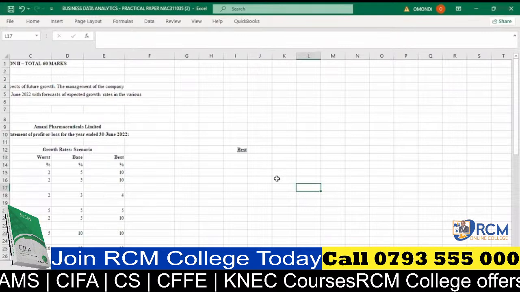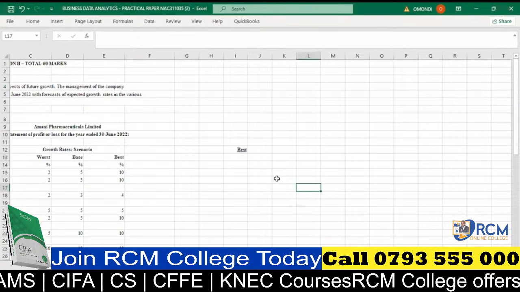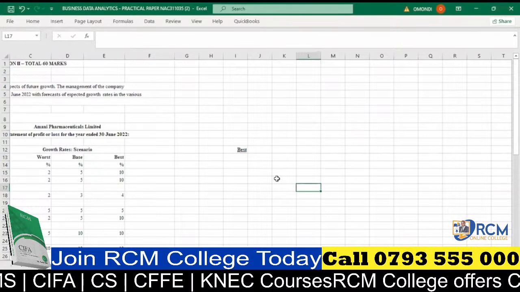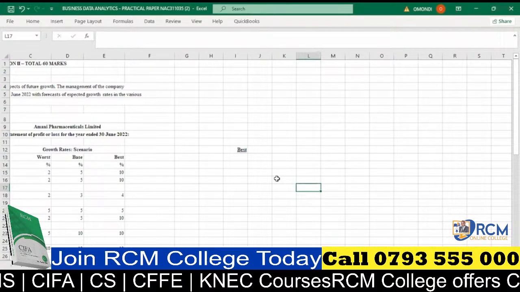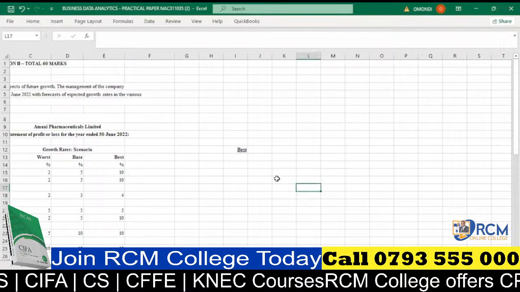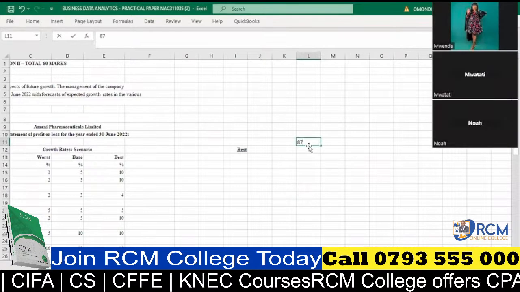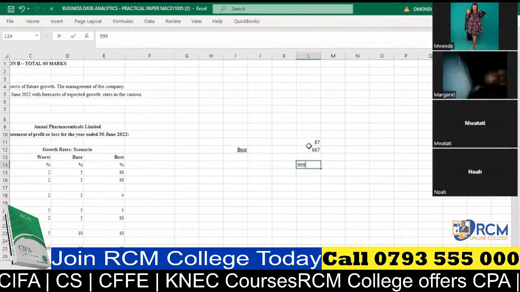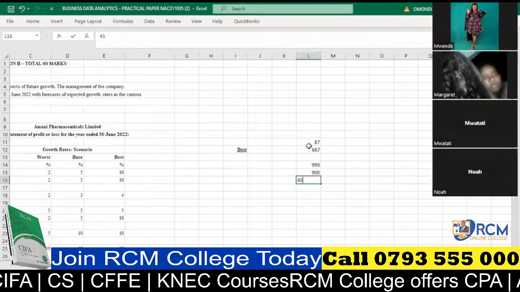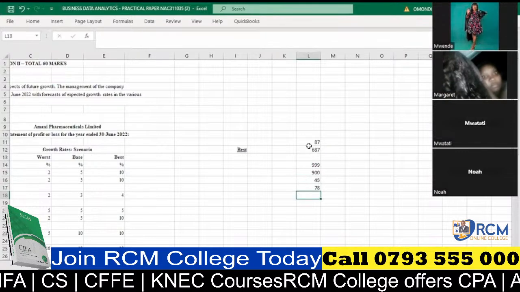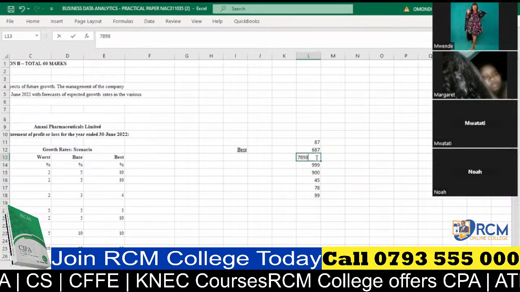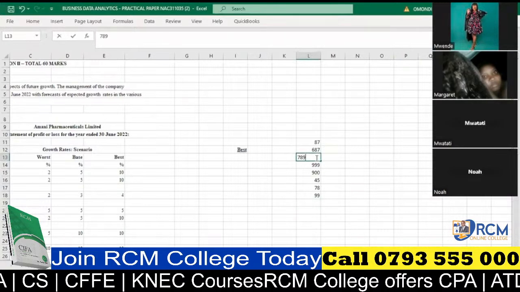Now, we just have our values here. Let's have our values down here. Then start testing the choices that the examiner is giving you.